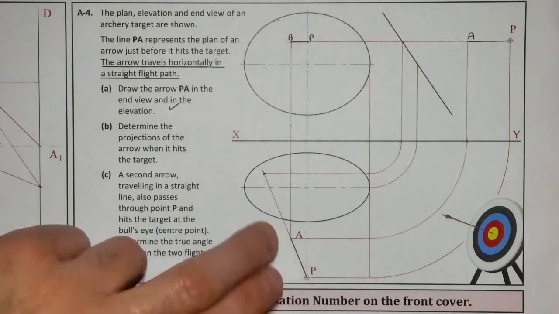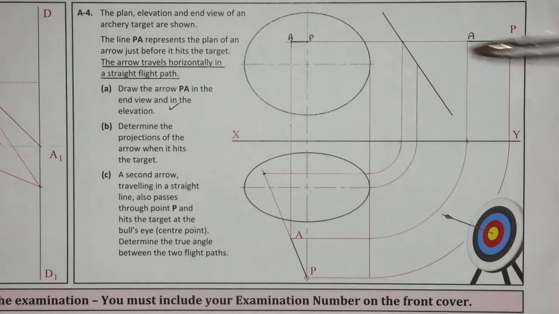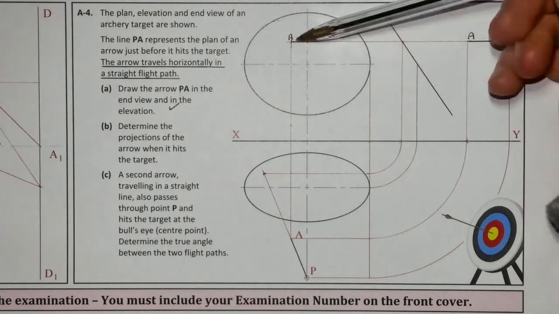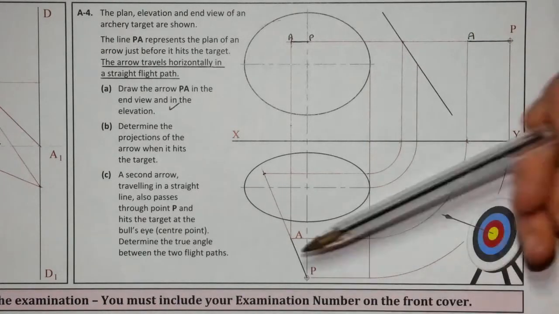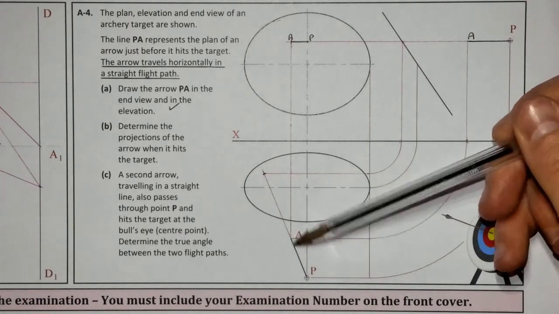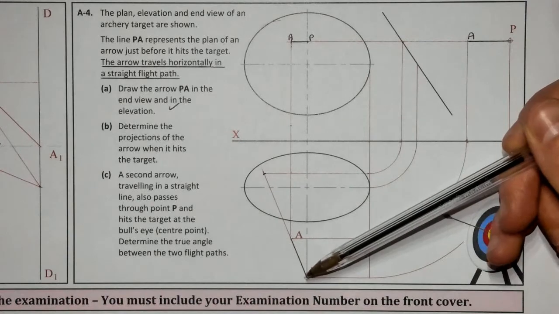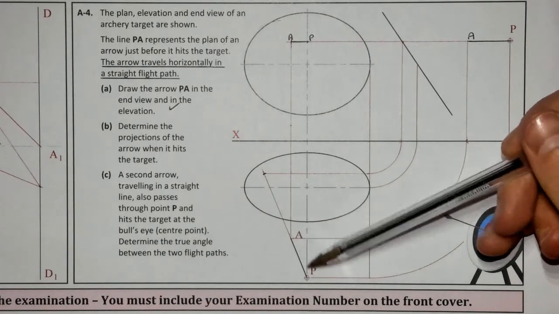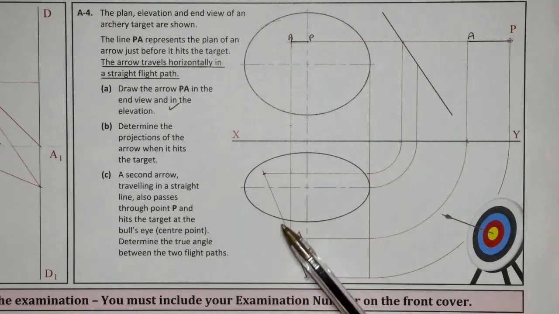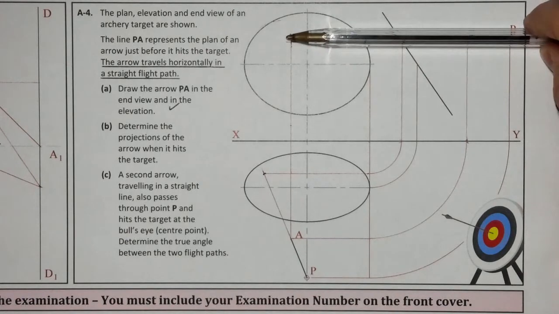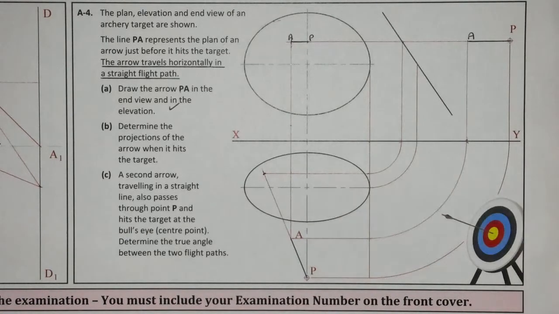As I said, I've got three lines PA: in elevation, end elevation, and my plan. This is the only one that is actually a true length of the arrow, because in this one we're looking directly down it, and because we know it is parallel with the XY line in elevation, it makes it a true length in my plan.